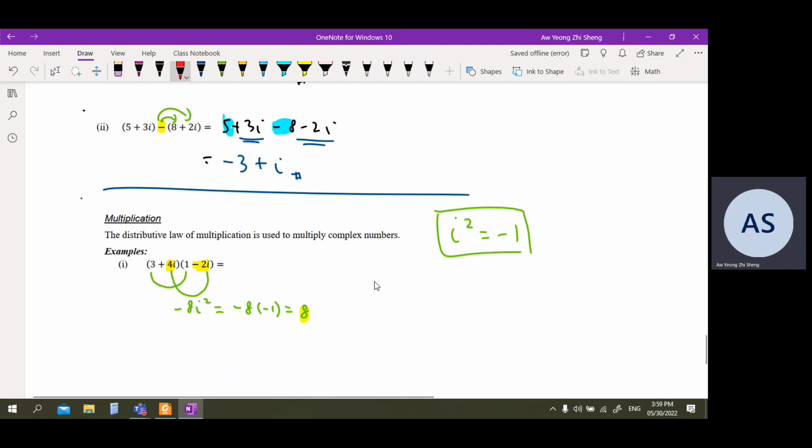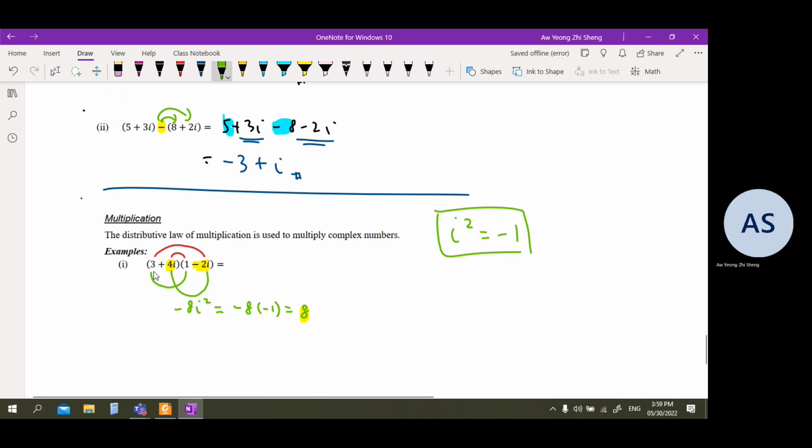So what are the combinations that generate the imaginary terms? Those will be this and this, the inner and outer combination. Right, so when doing such expansions, to save you a bit of time, I will suggest you to write down the real terms together and imaginary terms together. Okay.